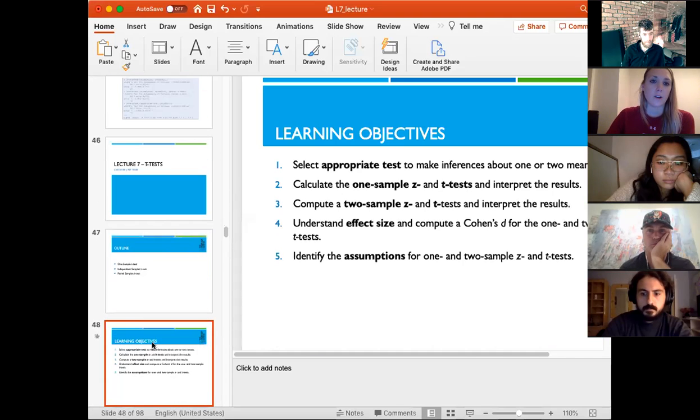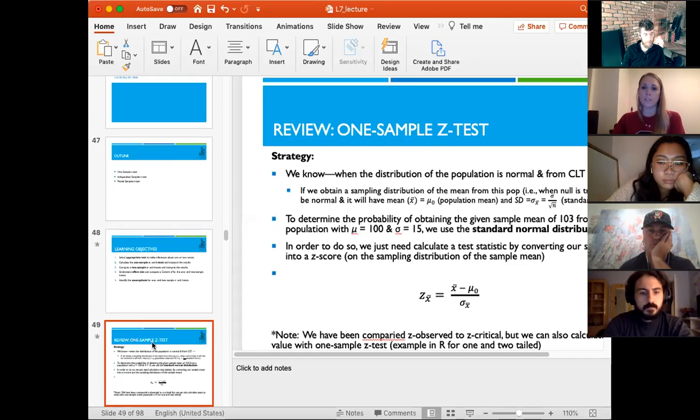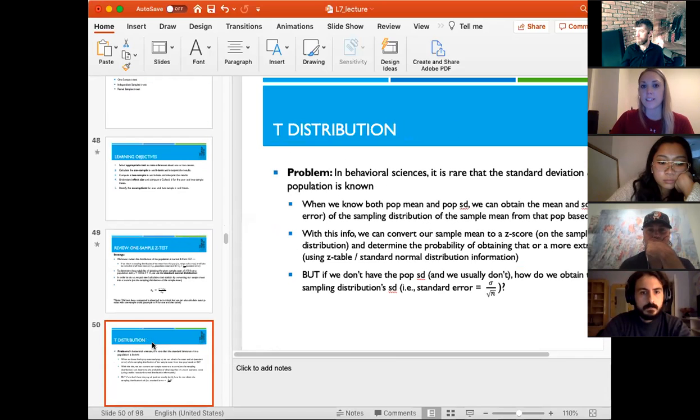All right, so the one sample z-test we just talked about, right? Let's go back to our IQ example. Mean of 100, standard deviation of 15. We wanted to compare students with a mean of 103, right? But let's say that we didn't actually know the standard deviation of the population, which is often the case.